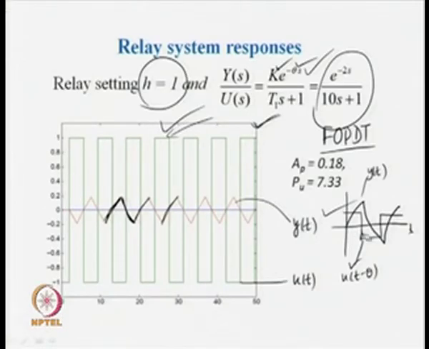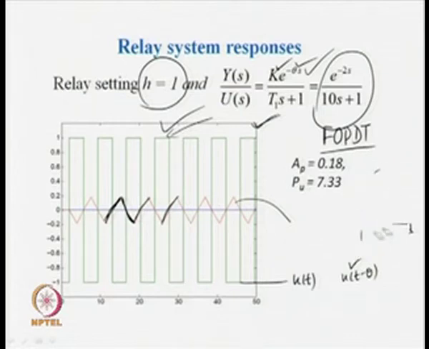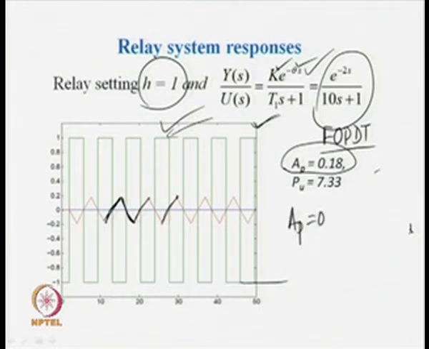Here some typical values are shown. The peak amplitude of the output signal, when measured accurately, is equal to 0.18, and the period of the output signal, if I start from here till here, gives me the ultimate period of the output signal to be 7.33.